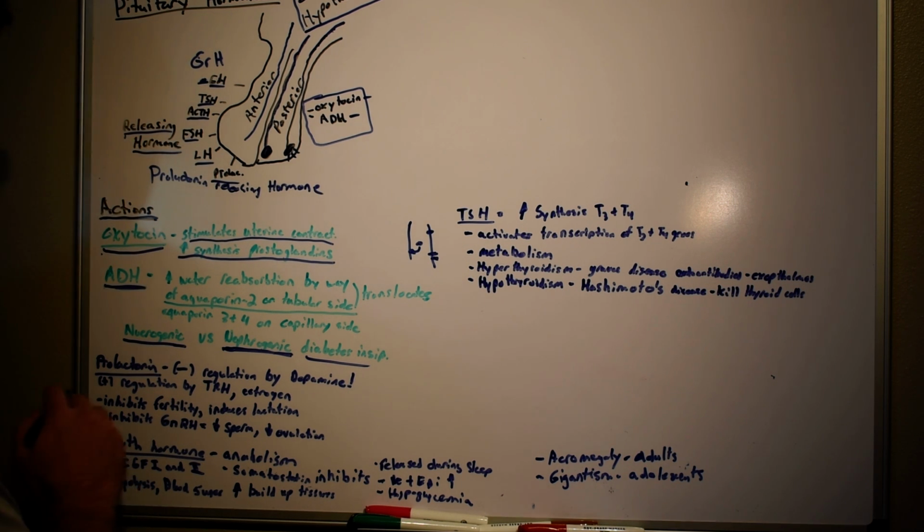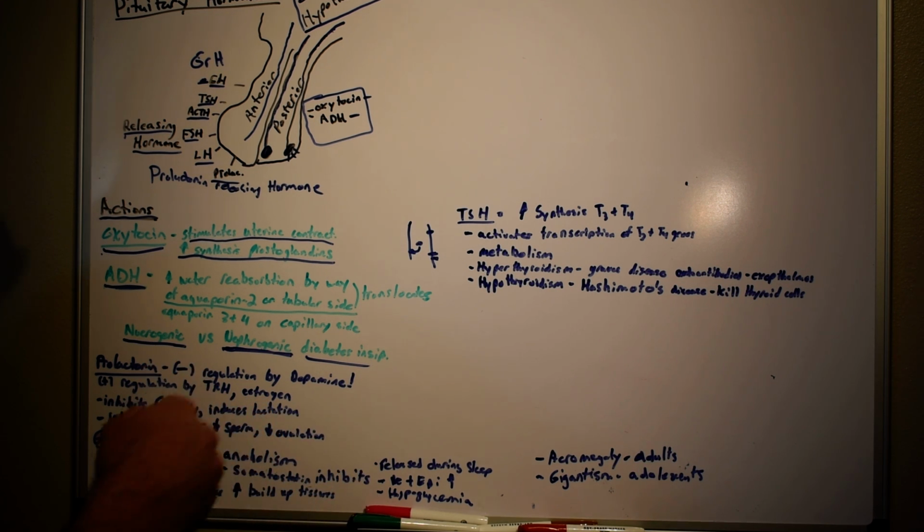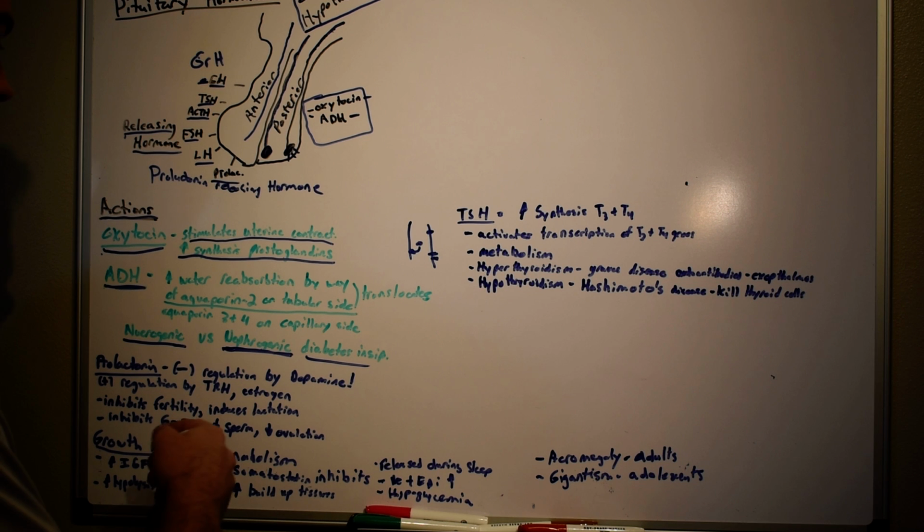So we got prolactin. This was kind of the first anterior pituitary gland hormone that we talked about. It's another one I kind of deal with or say is a reproductive hormone for certain circumstances. But basically the only thing that it really induces a change in is lactation.